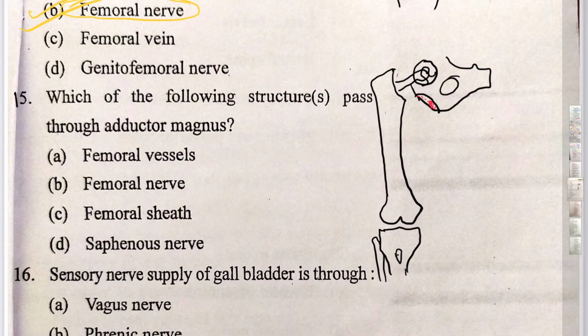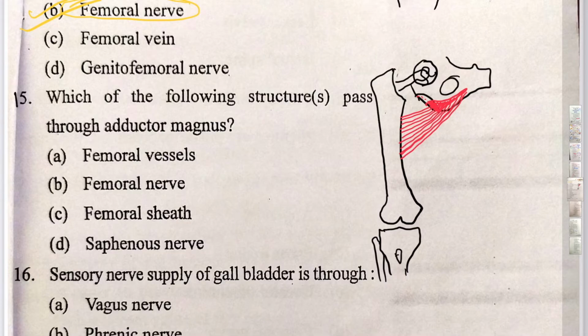It arises from the lower outer portion of the ischial tuberosity, and it also takes origin from the ischiopubic ramus. The fibers that take origin from the ischiopubic ramus run horizontally or obliquely to get inserted into the upper portion of the linea aspera, like this.